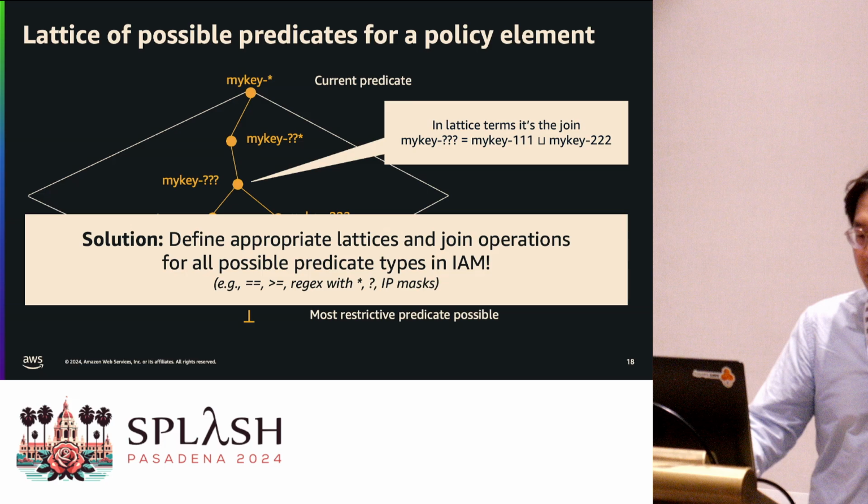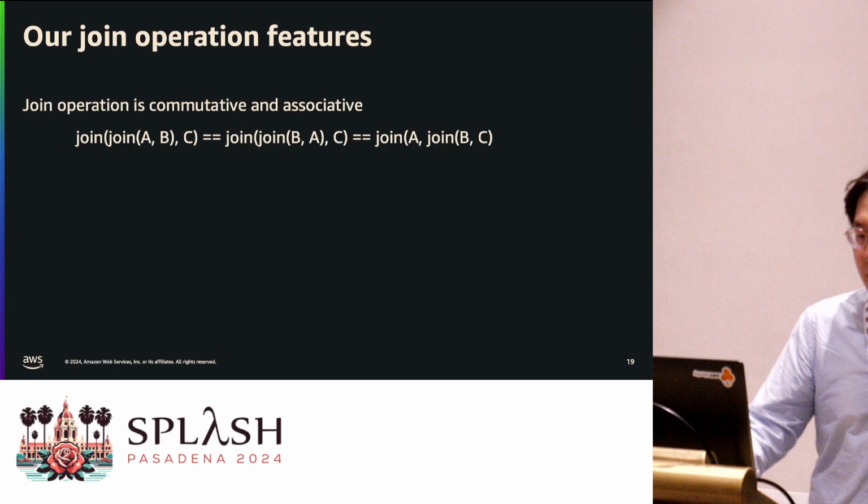Then we can find the least permissive predicates, and that helps us find the least permissive and sound policy. To achieve this lattice-based approach, we designed the join operation to be associative and commutative. It means the order in which we apply these join operations doesn't matter, so we can actually parallelize this approach when there are a lot of requests.